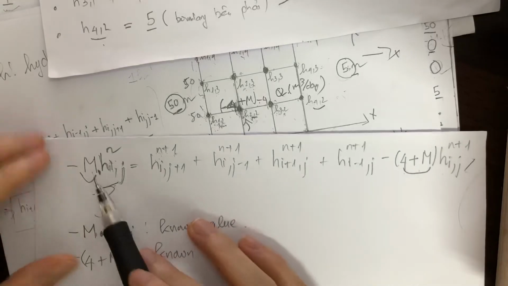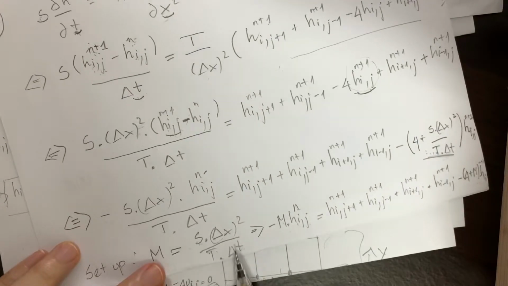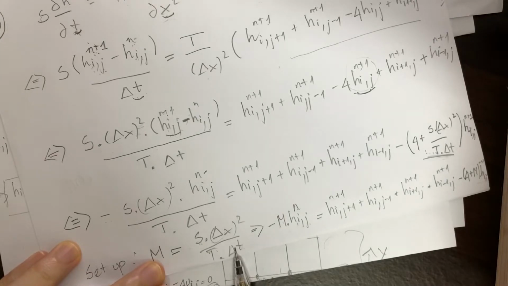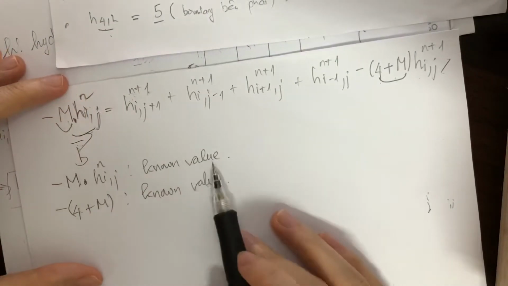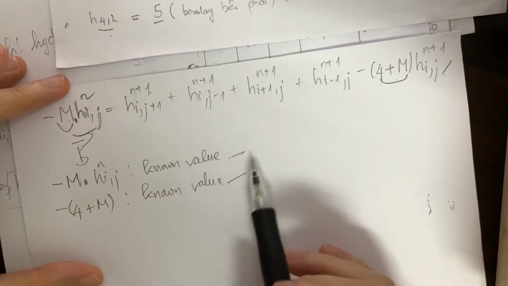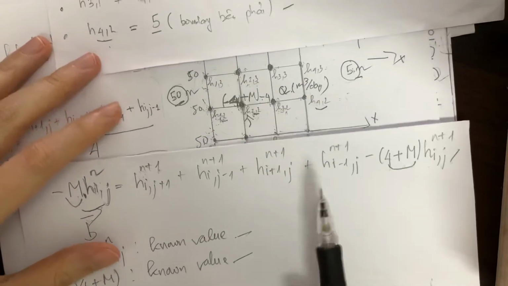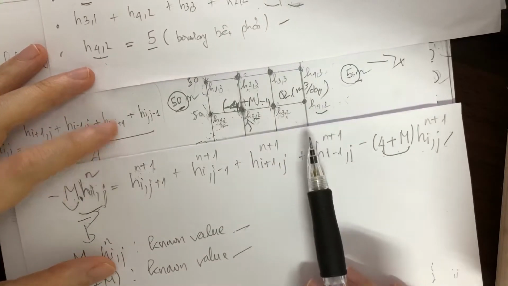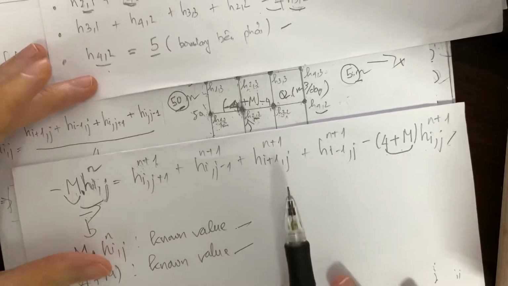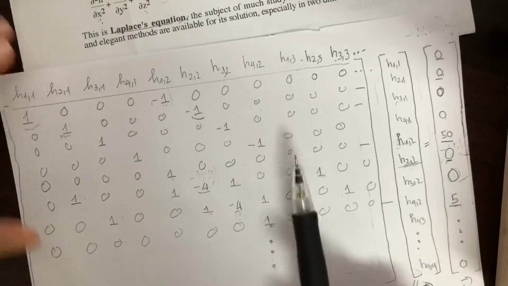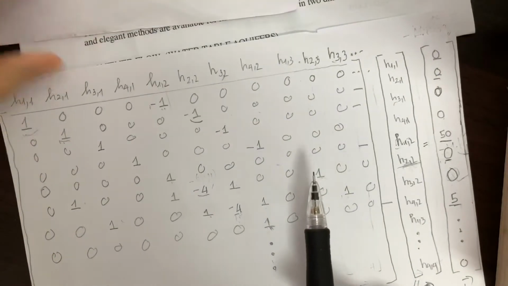All of the parameters in here, m has the s, delta x, t, and delta t. You already know the values of all of the parameters, so it's just a constant value. You just replace them in your equations, and you have a particular form for your matrix. And this one is the matrix for the Laplace equations.